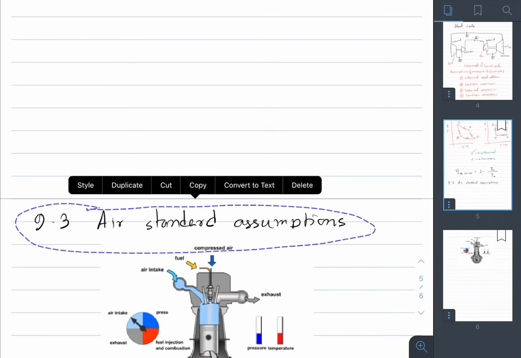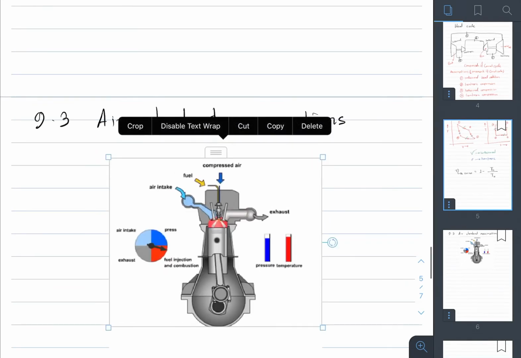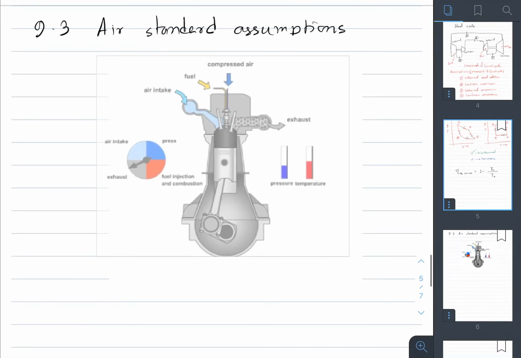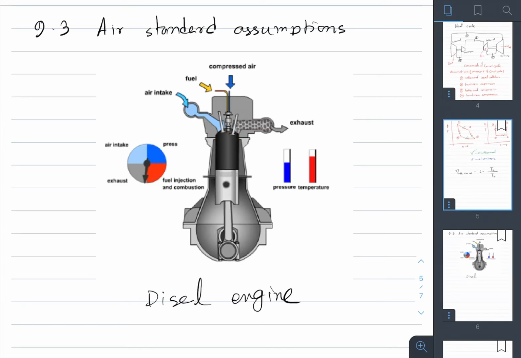Okay, so I took this one from the How Stuff Works website, basically to show you guys a diesel cycle, a diesel engine. And in this diesel engine, you can see multiple things happening.